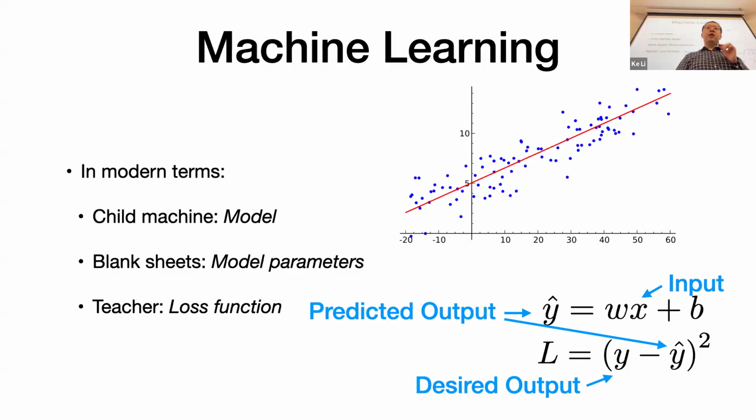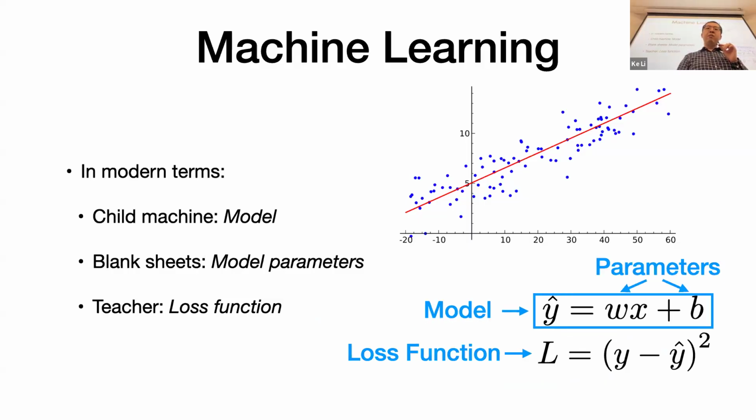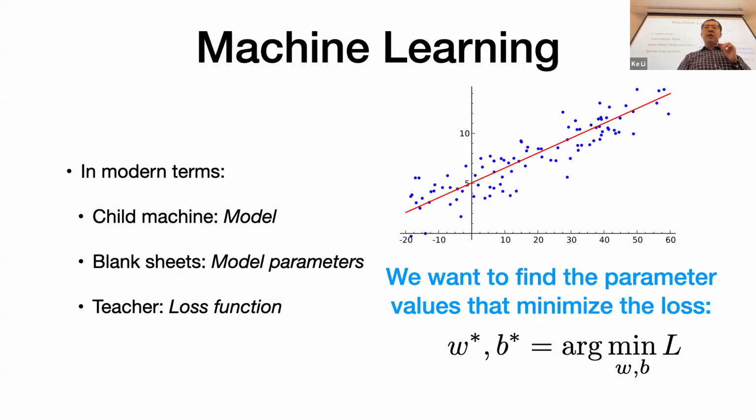And from those examples, you will try to come up with a model that gives you the right prediction. And the teacher is just going to say, given the model, how good or bad the predictions are. So you ideally want to find something that minimizes the error of the prediction, and that is measured by what's known as a loss function.